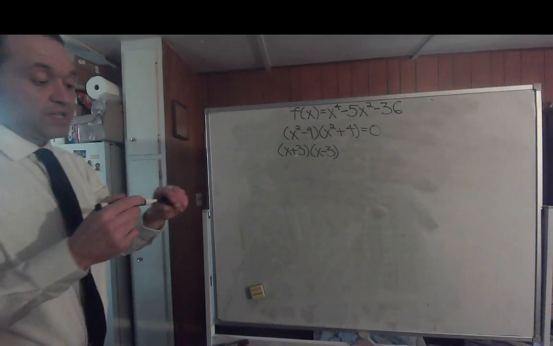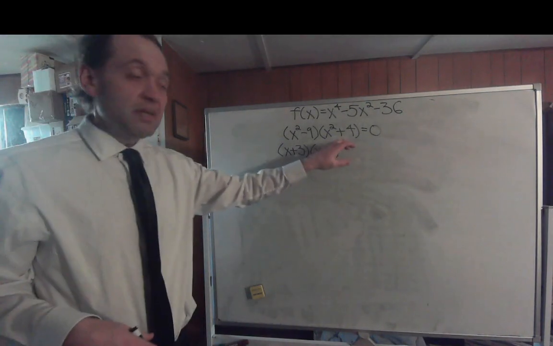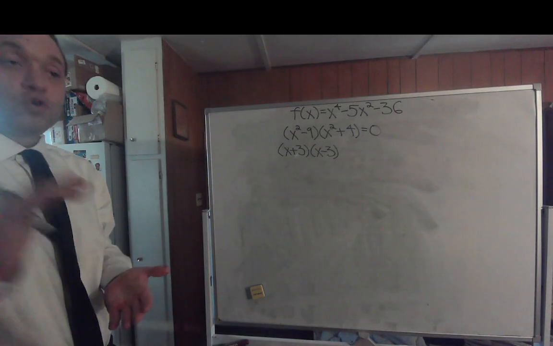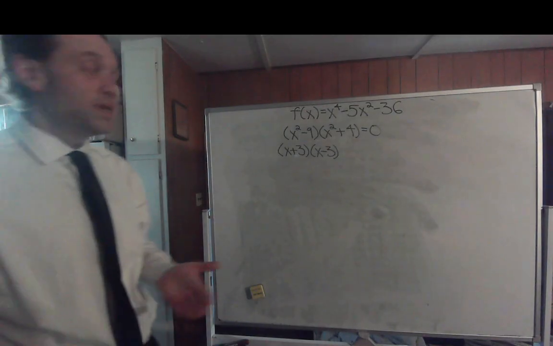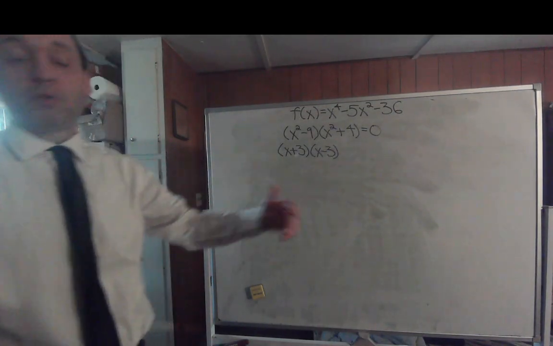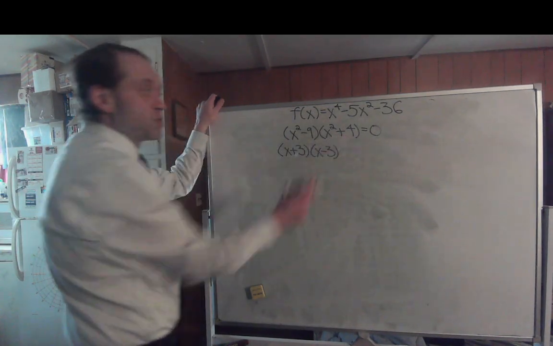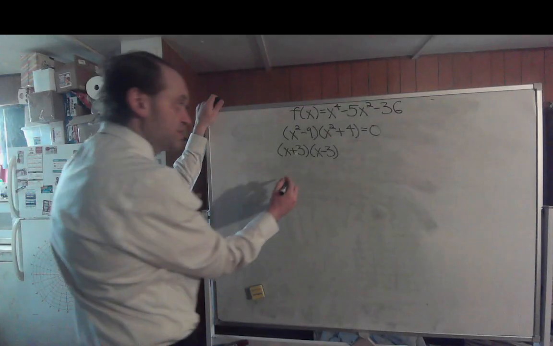Now, this is where I'm going to teach you about a sum of squares. Since we have the whole complex number system now, you can factor a sum of squares where we couldn't before when you only had the reals. If you take x squared plus 4 and set it equal to 0, what do you get?